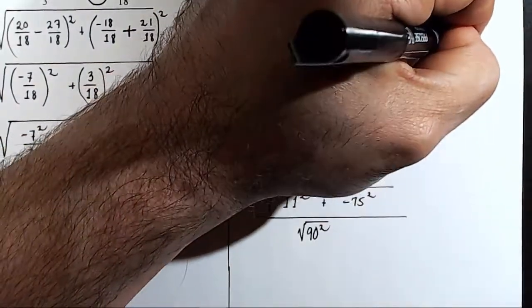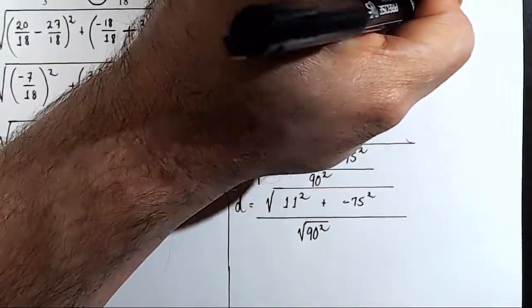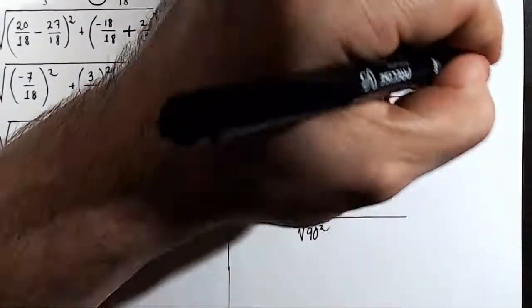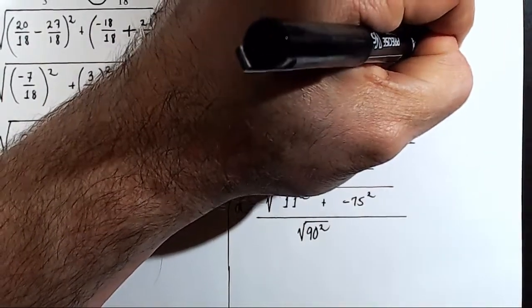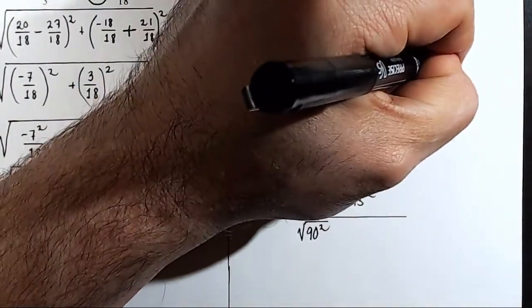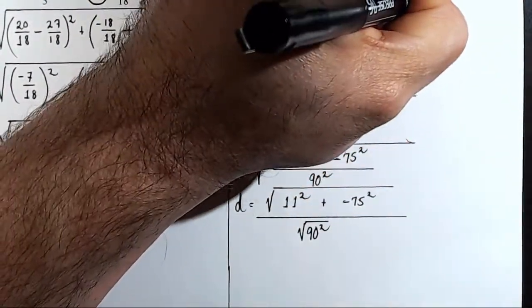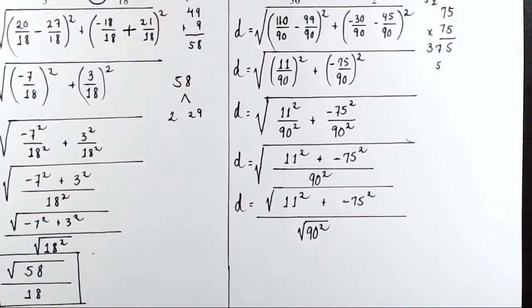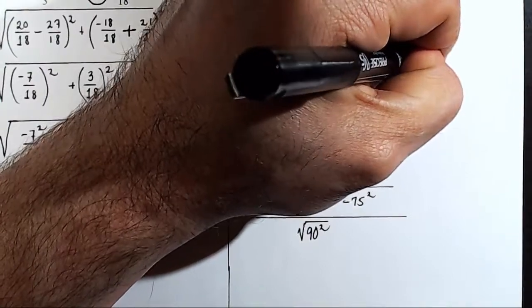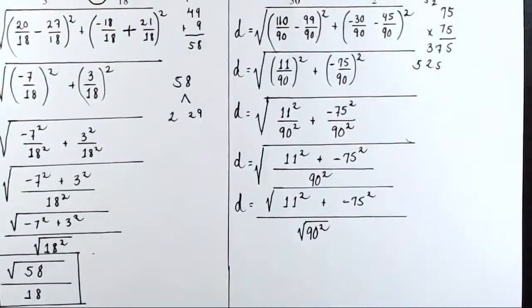So 5 times 5 is 25. 7 times 5 is 35, plus 2 is 37. 375. 5 times 7 is 35. Carry the 3. 7 times 7 is 49, plus 3, 49, 50, 51, 52. 525.